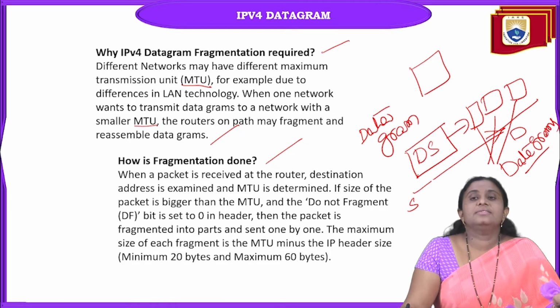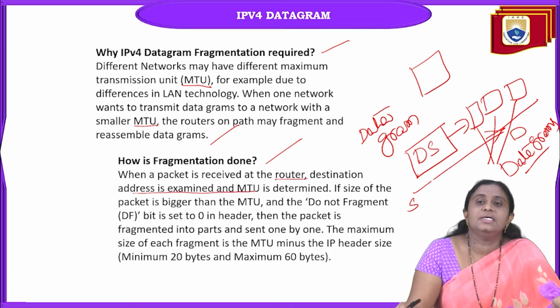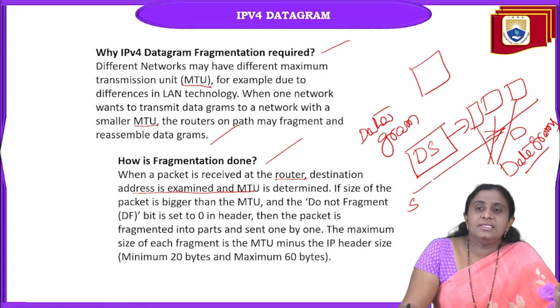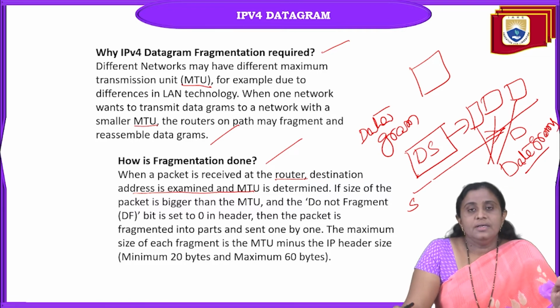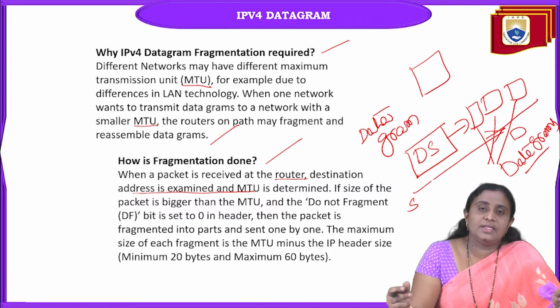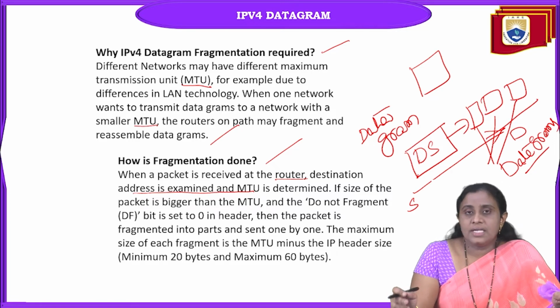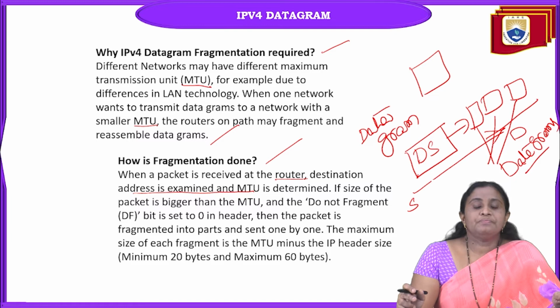So why fragmentation is required under the IPv4 datagram and how it occurs. When a packet is received at the router, the destination address is examined and the MTU is determined. Whenever a packet is about to move from one source to another destination, it is received by a router and transmitted starting from the source router.